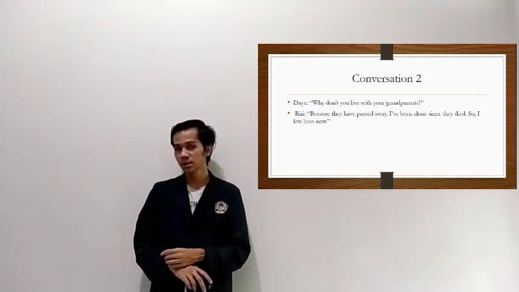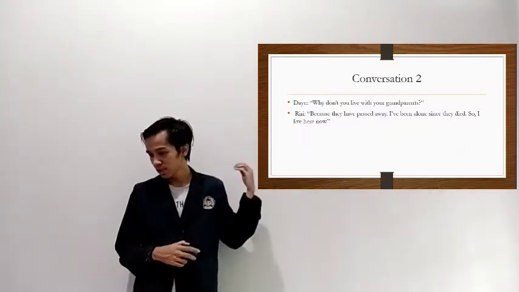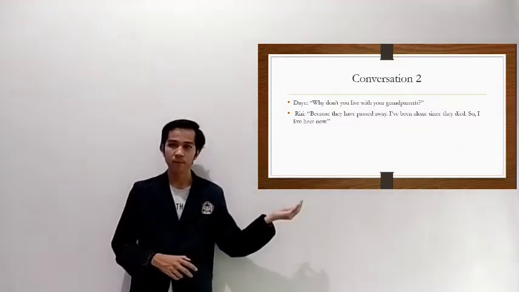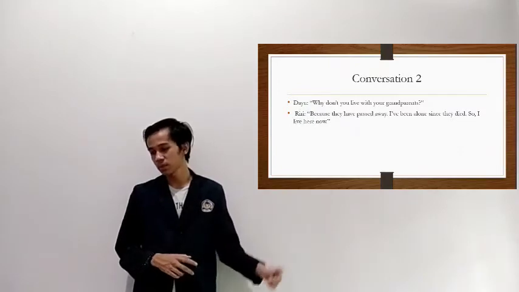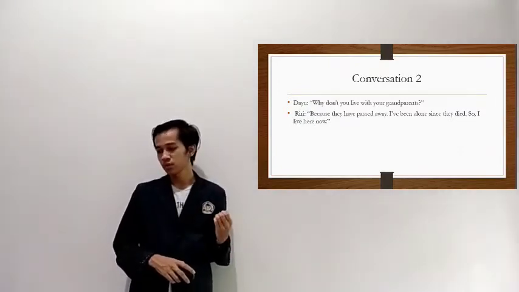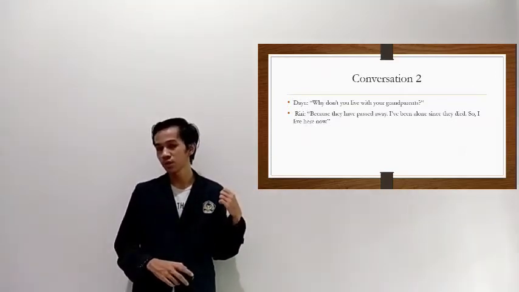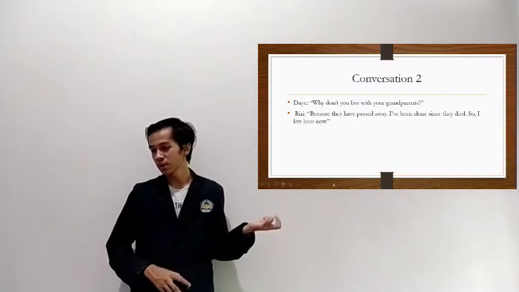She uses the present perfect tense because she used have followed by the verb 3, past participle. For the verb 1 is present, verb 2 is past with ed, and then the verb 3 is also with ed.